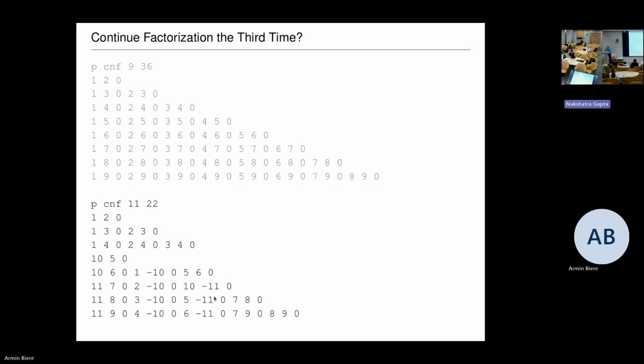Now, can we continue factorization the third time? Now it becomes really interesting, which I also don't have any intuition about, but it's actually working. So it's a bit odd, as you will see. Yeah, there's another one. Like you need 3 columns, right? Otherwise, 2 columns is not enough. And so these are like as before, but these 2 alone would not allow me to reduce further, right? We discussed this before.